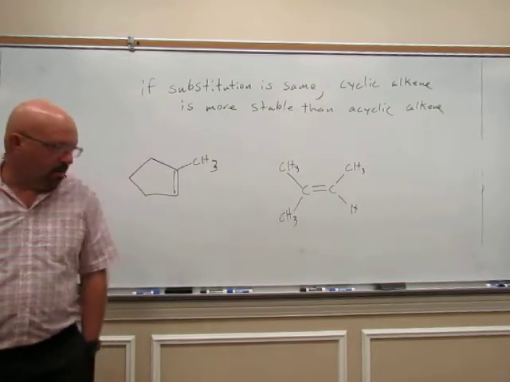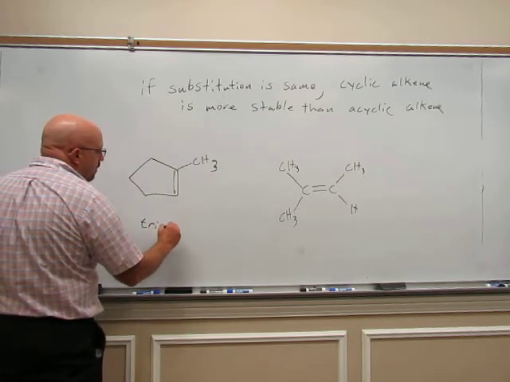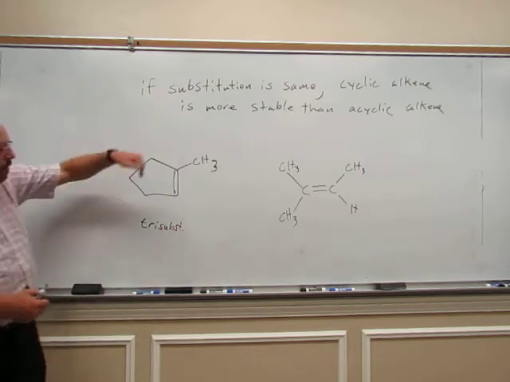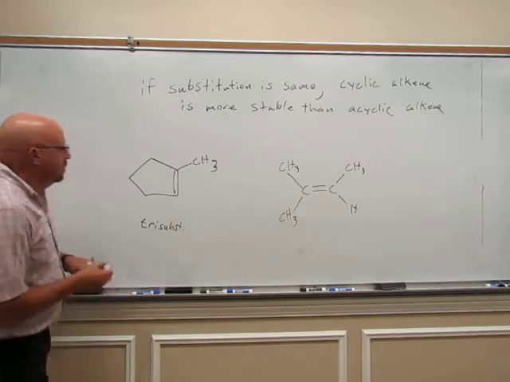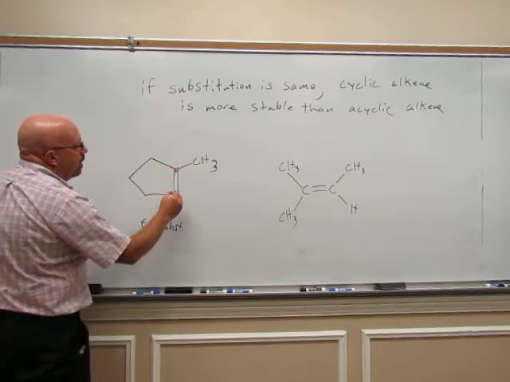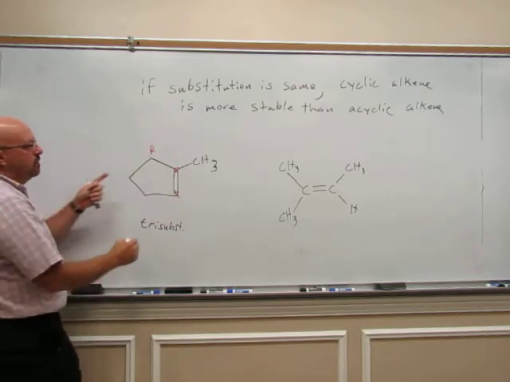looking at these two molecules, this first one here is tri-substituted. Looking at the carbons of the double bond, let's just see that it's tri-substituted. So, of my two carbons here of the double bond, here is a substituent. I'll put an R there. You got a CH2 on this side.